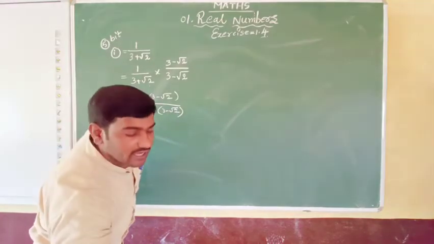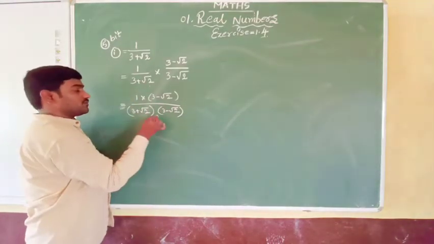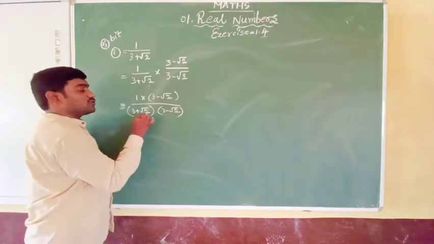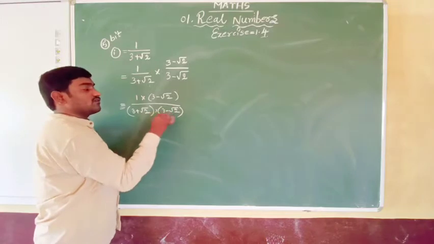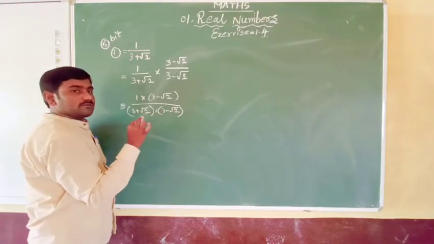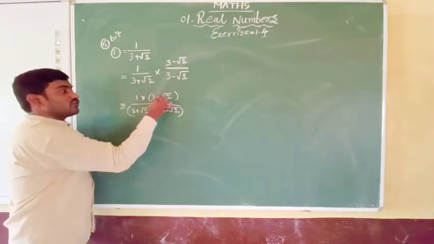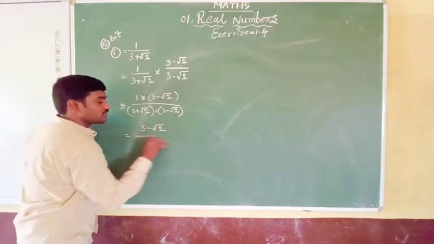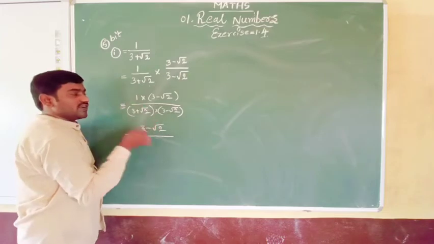A plus b into a minus b equals a square minus b square. So a plus root b into a minus root b equals a square minus b. That is the form. With 1 you multiply this. In the numerator we get 3 minus root 2, as multiplying with 1 gives the same number.